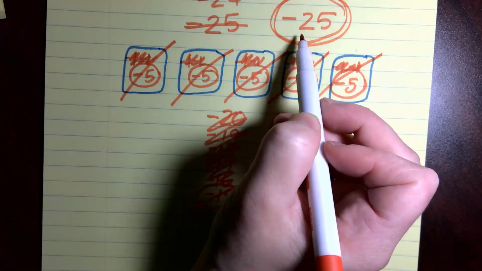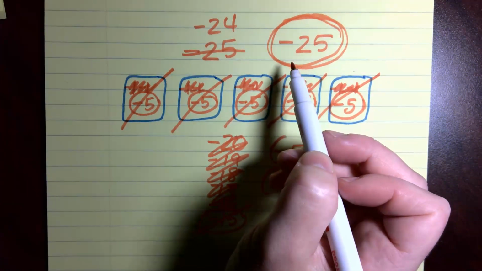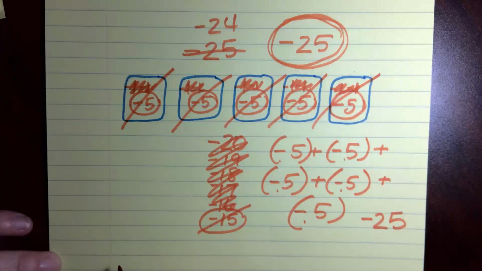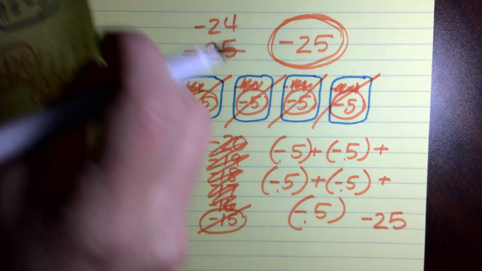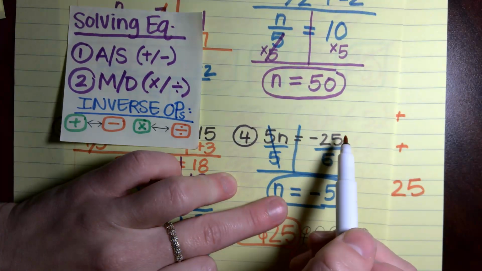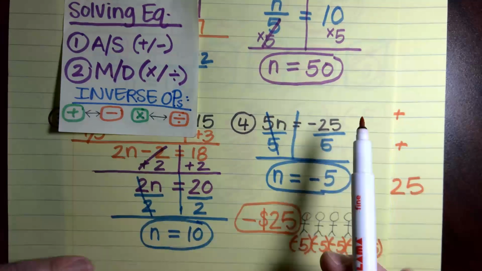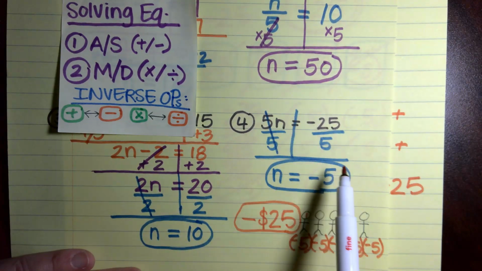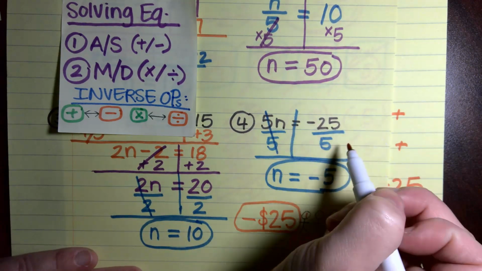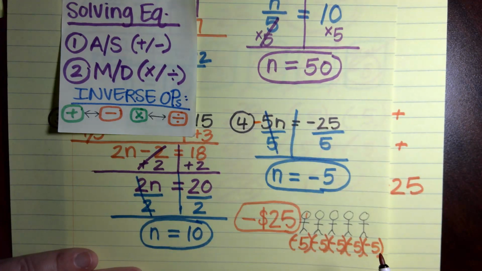The only thing that would change this to positive is if we used another negative, because 2 negatives cancel each other out. So if you start with a negative, like here, we have -25, and we divide it by a positive, that answer is going to stay negative always, unless this was negative over here.